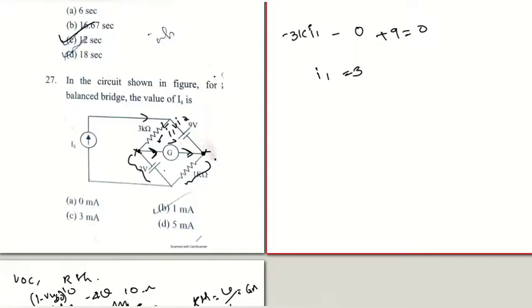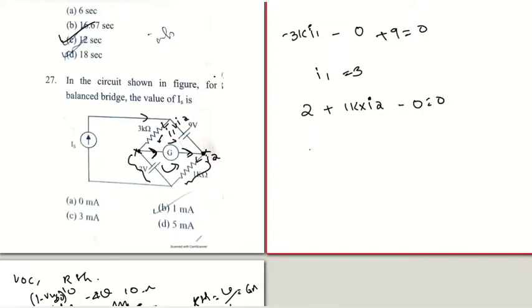Okay. Now the mesh equation over here, it will be 2 plus 1 kilo ohm into I2, because it should be minus, but the I2 and our assumed direction is opposite, so it will naturally change into positive.